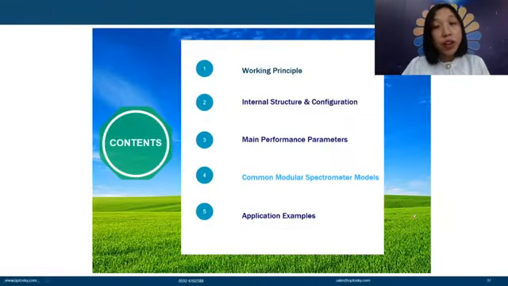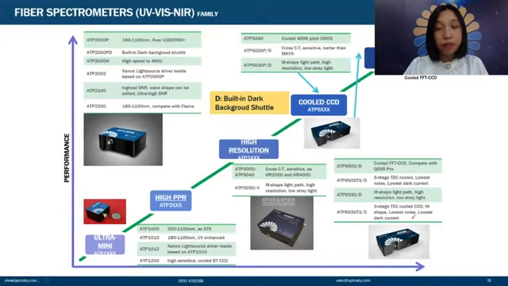So we have introduced that, and next we move on to the Optosky modular spectrometers. This is the map for the UV, visible and near infrared spectrometers.